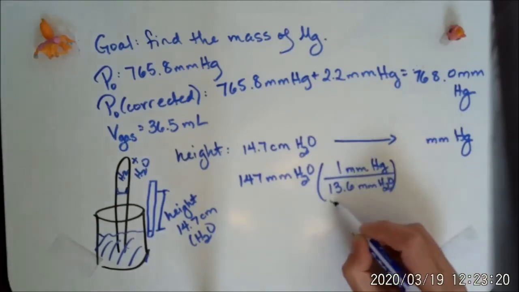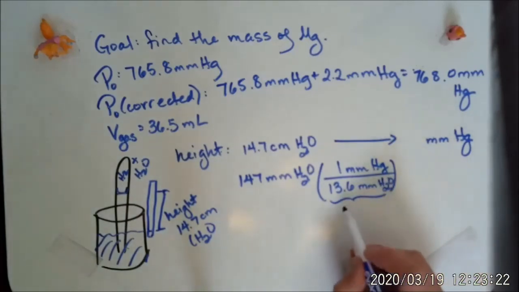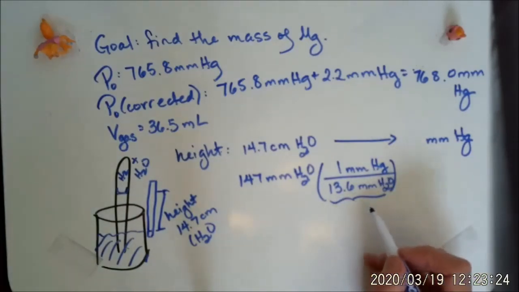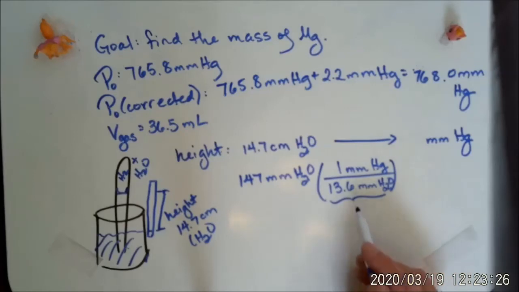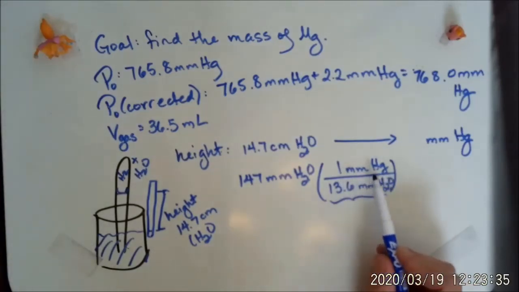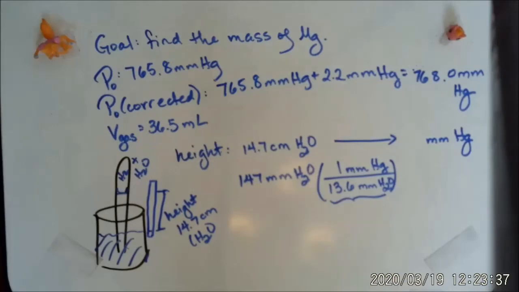Now, how did I get this number? This number, 13.6, is the density of mercury. So it's almost like the density of mercury and the density of water. But here, 1 millimeter of mercury, because it's much denser, I don't need as much to have the same mass, the same weight as water.